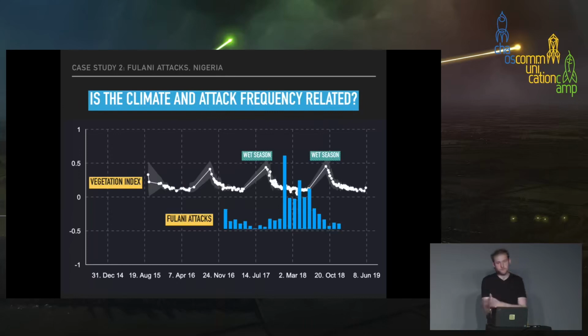However, this 2018 spike in violence, was it precipitated by an anomalous event in terms of rainfall or the lack of vegetation? Looking at this data, it doesn't look to be the case. There is not any significant reduction in the amount of greenery in the time preceding this spike of violence.